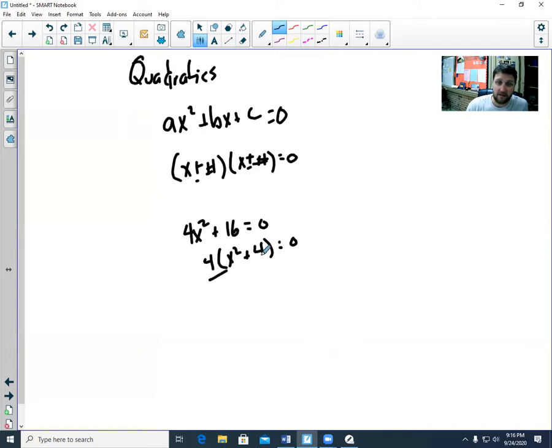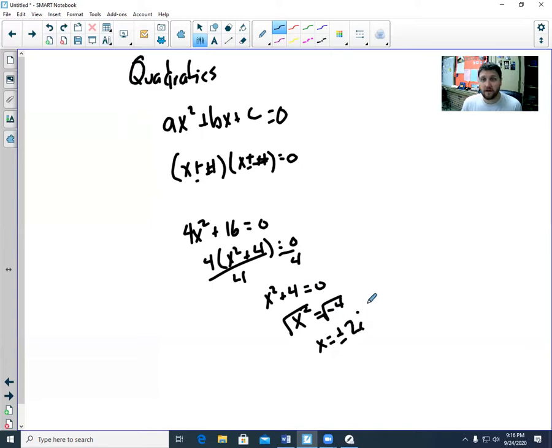And then now we can divide the whole equation by 4 and we end up with x squared plus 4 equals 0. And we can solve this thing by using roots. Now, if we solve this thing by using roots, we just move everything over to the other side. So we end up with x squared equals -4. Take the square root, take the square root. So I get x equals, don't forget roots have plus or minus, and then we have a negative in there. So it's going to end up being 2i. So we can also solve using roots. If you only have a couple terms, keep that in mind.